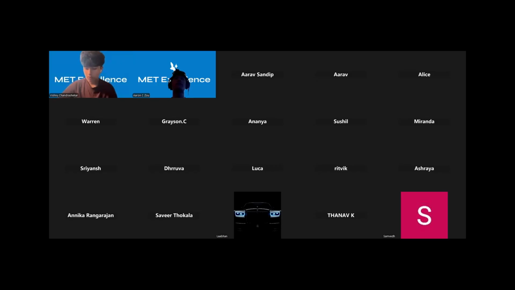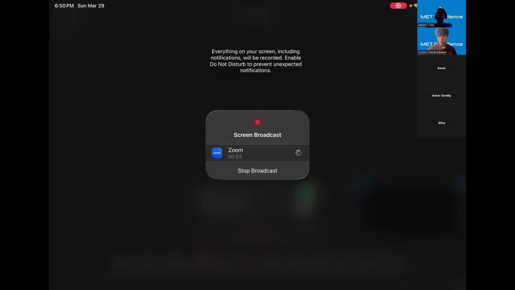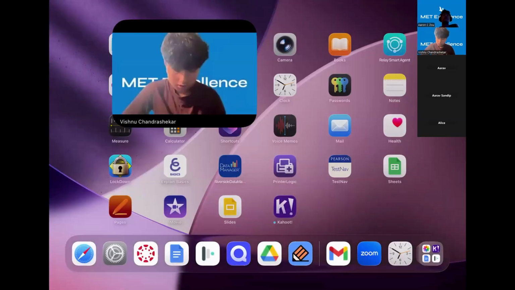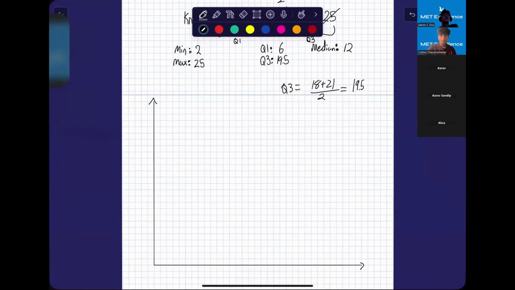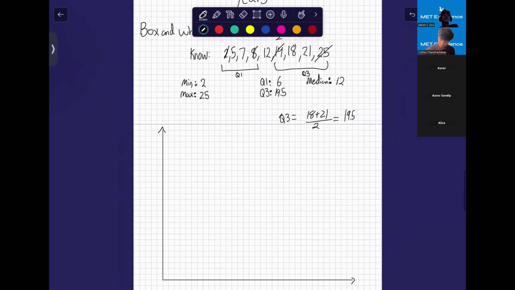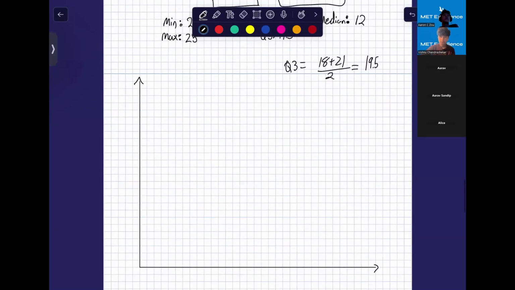I think the screen share might have turned off. Wait, I think there's a way you can draw it. If you look on the left, there should be like a whiteboard feature, like ability to write or something. Really?